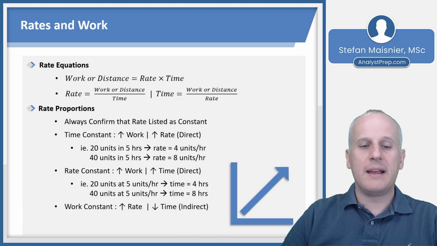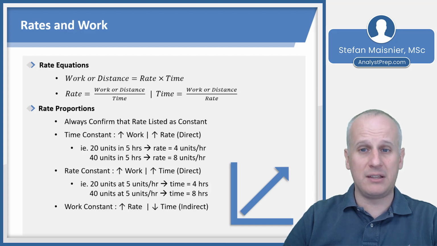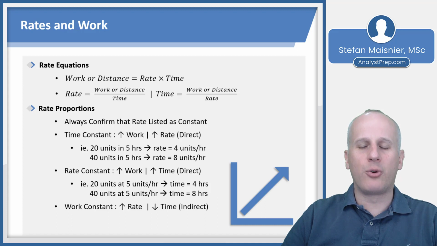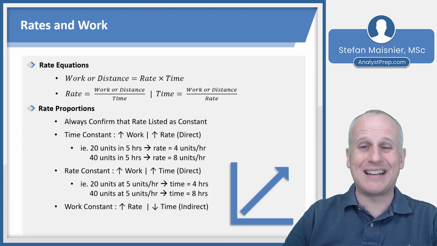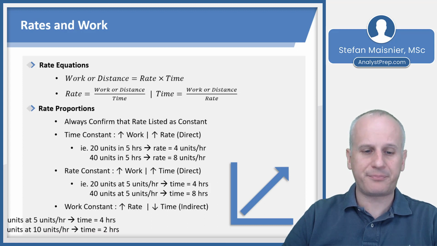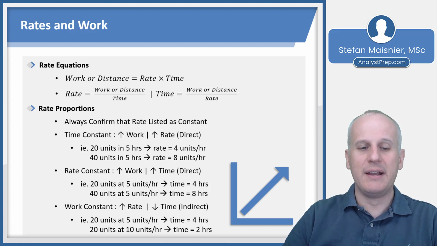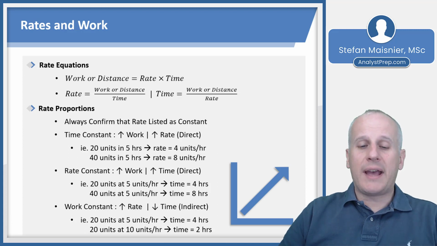But, and this is where it gets a little bit more complex, if you keep your work constant, so the amount of thing that you need to complete or the distance you need to travel, when your rate increases, your time actually decreases. This is what is known as an indirect relationship. We can see this illustrated if we had 20 units of work to complete at 5 units per hour, the time is going to be 4 hours.